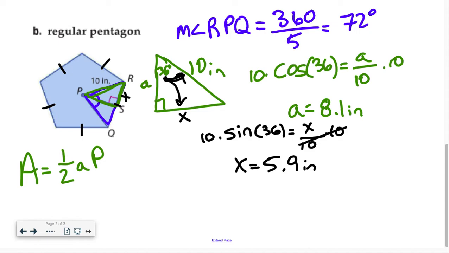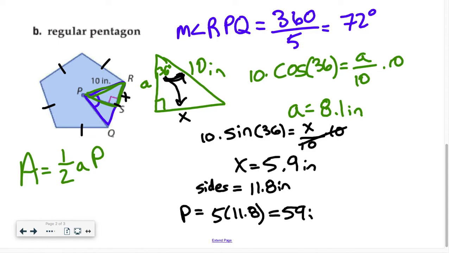So one of those side lengths is 5.9 times 2, 11.8 inches. How many sides are there in this pentagon? There's 5 of them, so the perimeter of the pentagon is 5 times 11.8, which is 59 inches. So perimeter is 59 inches.